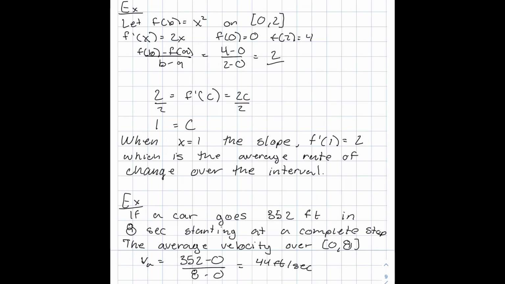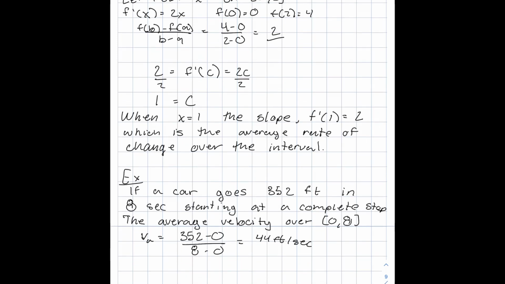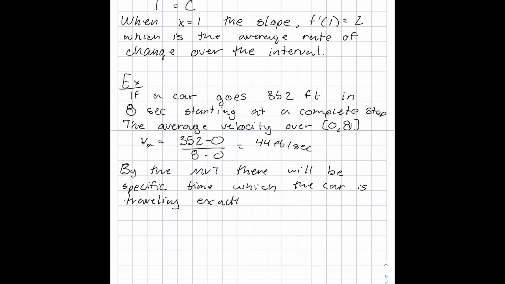So that would mean that by the mean value theorem, there will be a specific time at which the car is traveling exactly 44 feet per second, which is also 30 miles per hour.